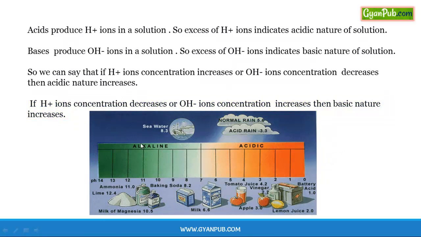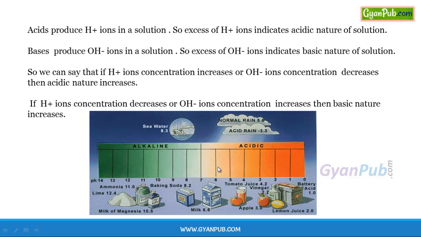Here we can see the pH values of common substances, from 0 to 14, where the pH ranges from very acidic to weakly acidic and neutral, and weakly alkaline to very alkaline. Strong alkaline substances are obtained at pH equal to 14, and strong acids are obtained at pH equal to 0.